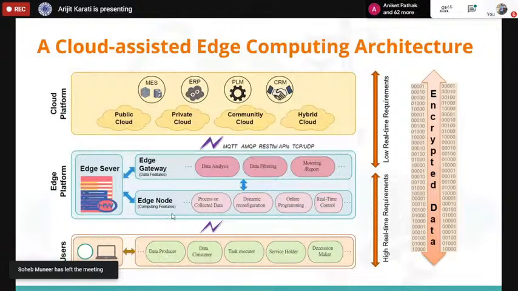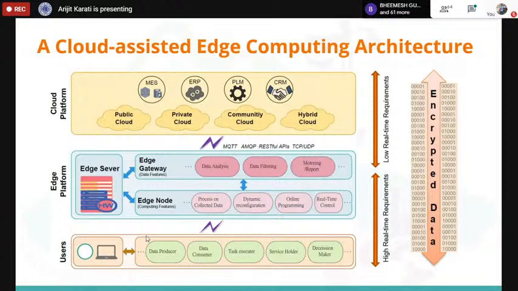The edge node processes the data and sends the answer to the edge gateway. The edge gateway takes the answer not only from a single edge node, but maybe from different edge nodes. Again, it analyzes the data and finally sends the report to the cloud platform.